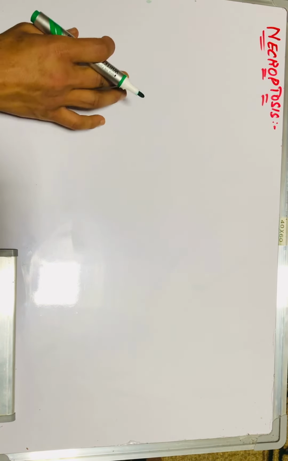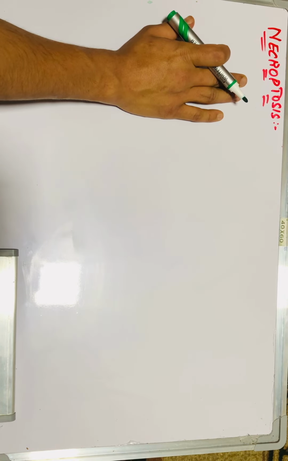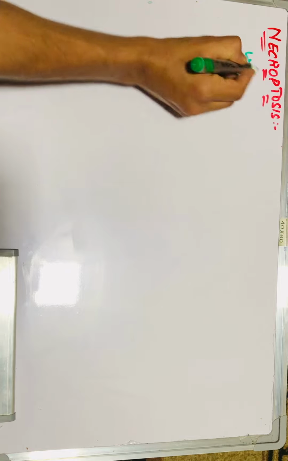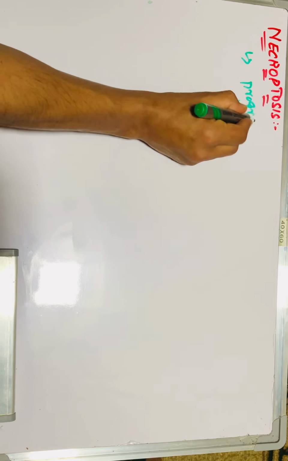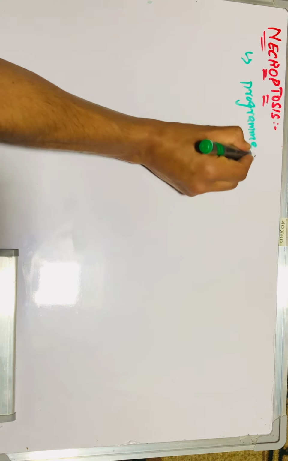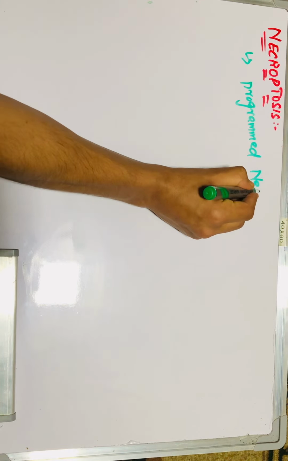Hello guys. So till now we have discussed necrosis, we have discussed apoptosis. So the third phenomenon of cell death is necroptosis. Today we are going to start about necroptosis. This entity is also called programmed necrosis.